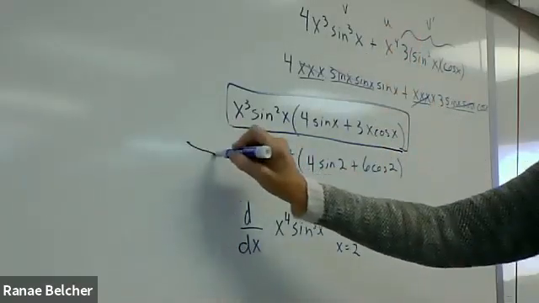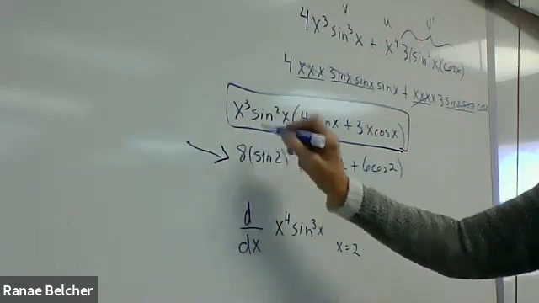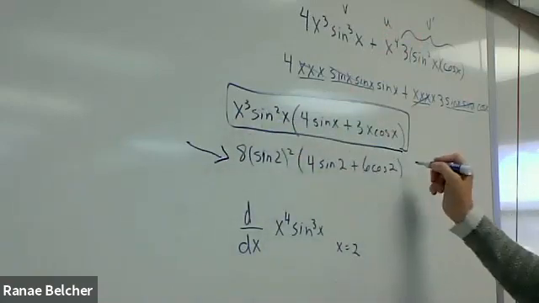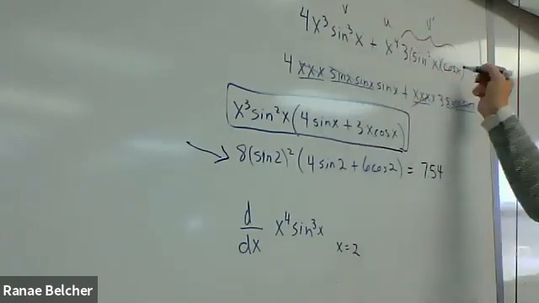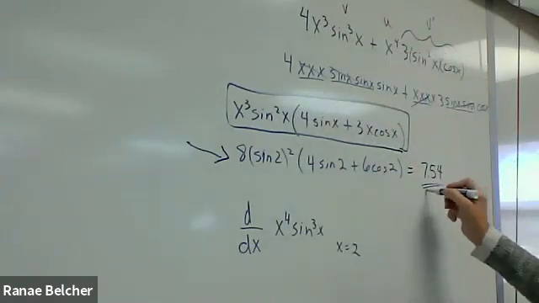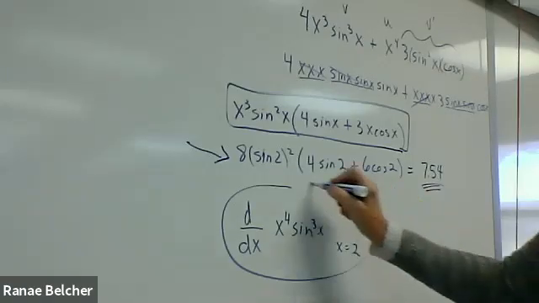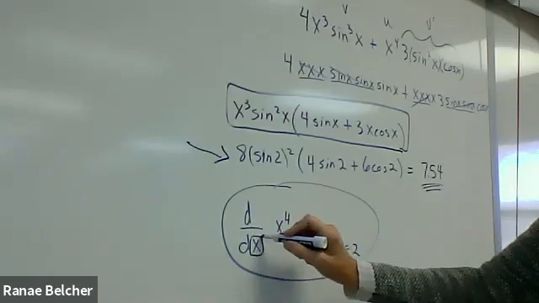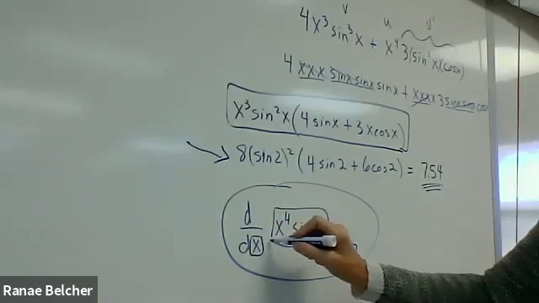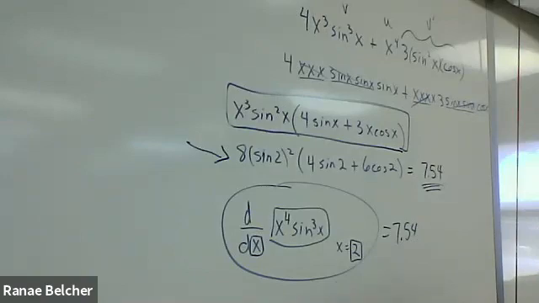So down here, I plug 2 into this form, and you end up with like 7.54. Whether you plug 2 into this form or this form, you should get the same number. Okay, and then you go to your home screen and alpha window, and you put in the little x here, then you put this in, and you put the little 2 here. And then you should get the same thing? Yeah, you should get the same thing.